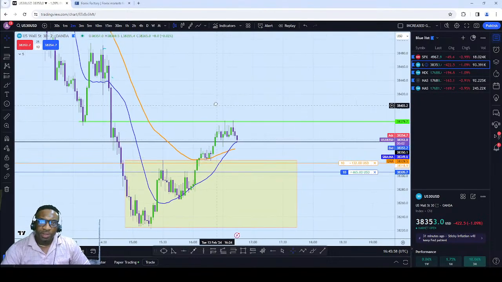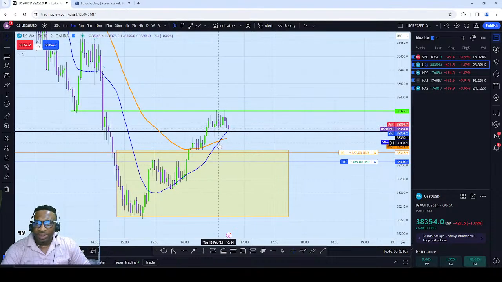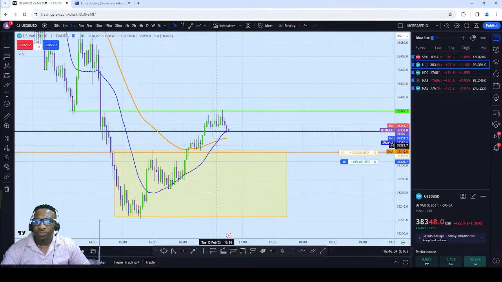On US 30, this is when we have had the crossover. The blue line, the 20 moving average, has just crossed over the yellow one. So I hope that is the pullback we are seeing here, because the crossover happened here.